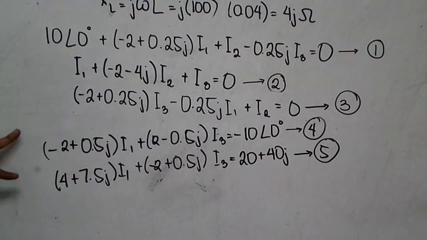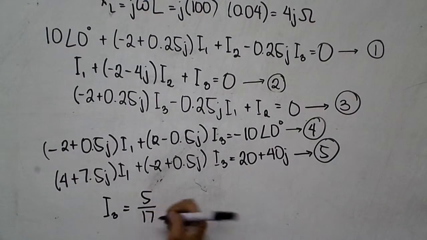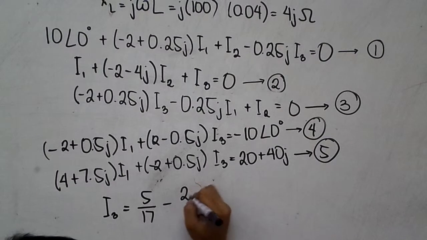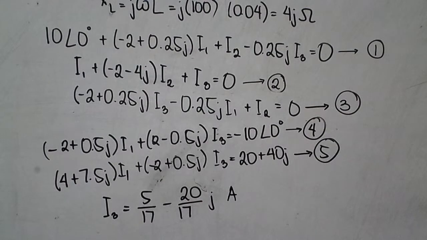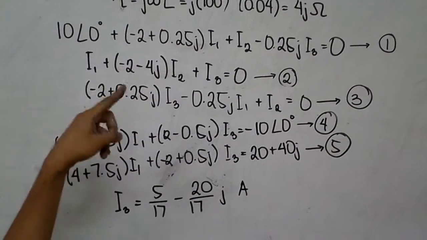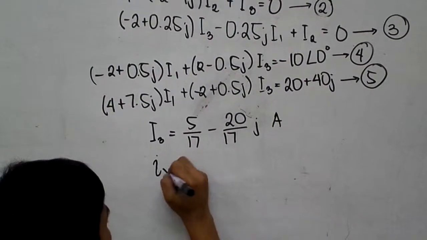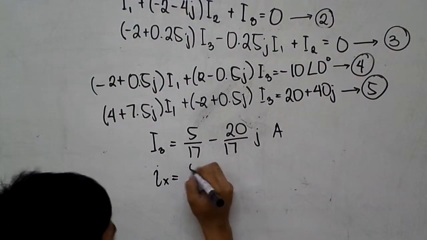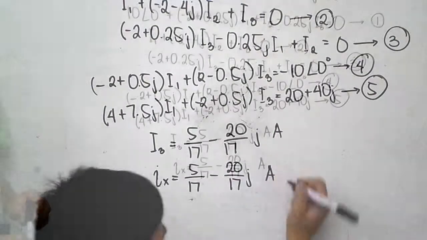Now, we only have two equations and two variables. Solving these equations simultaneously, we will have I3, which is equal to 5 over 17 minus 20 over 17j amperes, which is also equal to the current through the 1 ohm resistor on this far end. So we let that be Ix. So we can now write Ix as 5 over 17 minus 20 over 17j amperes.